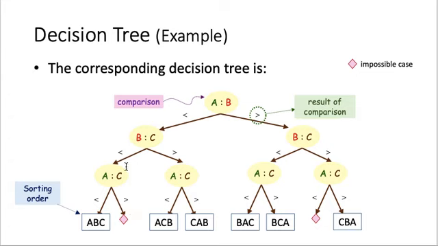So this is a decision tree that corresponds to the previous algorithm. We will see that for all different possible inputs of the sorting order, there will be a corresponding leaf, such that after making a series of comparisons, we will reach the corresponding sorting order.